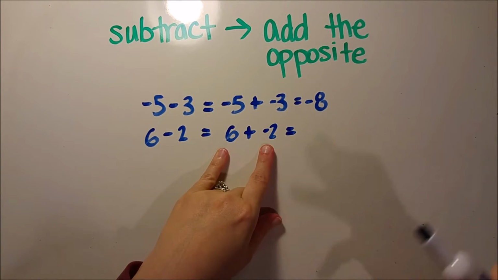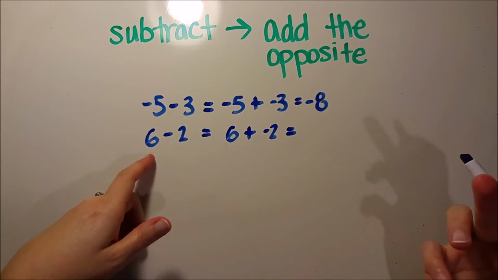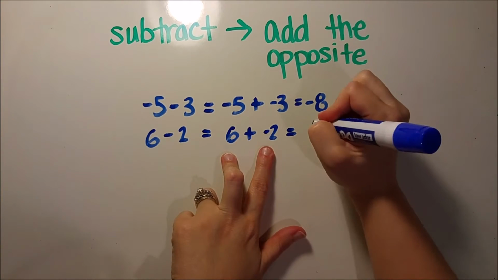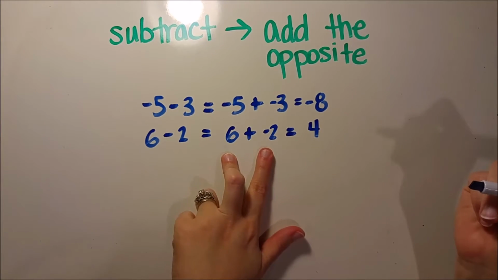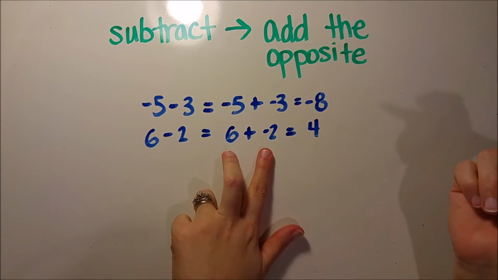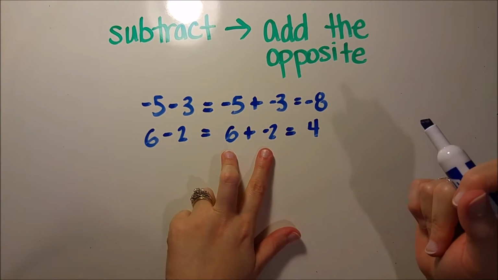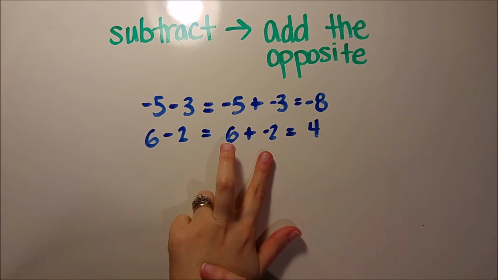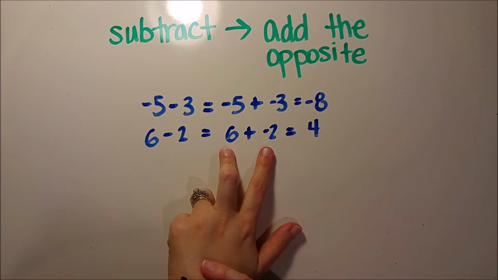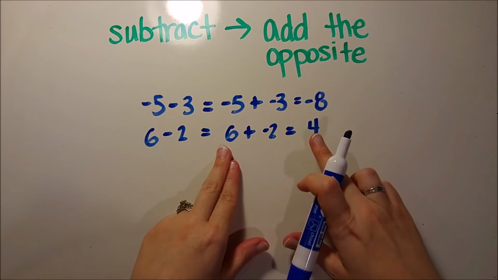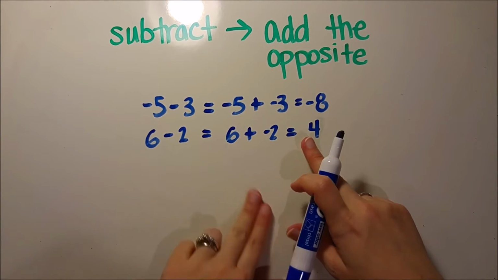They're opposite signs, so we'll subtract anyways, just like we had before. That gives us 4. And you want to keep the sign of the number further away from 0, the bigger absolute value. This one's further away from 0 than this one is, so our answer will stay positive.